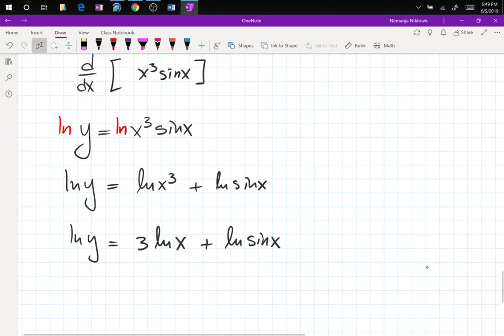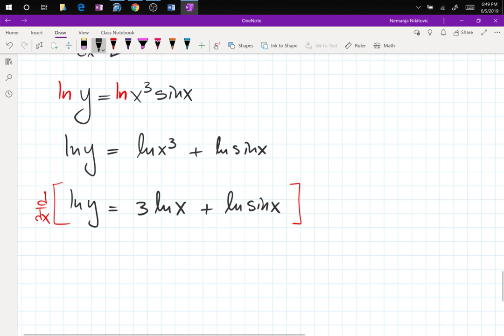You expanded your function into these very basic functions: ln x, ln sine x. You can differentiate that with no issues. Now, with ln y, when you've expanded everything, you are at the point where you can hit this with the implicit derivative.